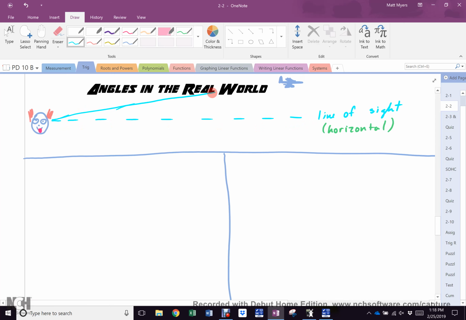Up to the plane, yes? Making what at my eye? An angle. Since my eye went up, this is called an angle of elevation or inclination, because my eyes went up. Is everybody good?